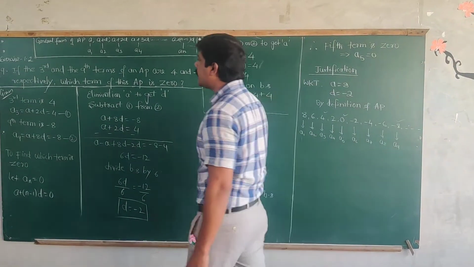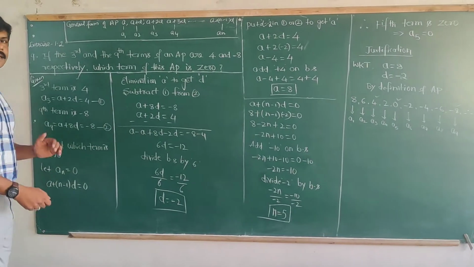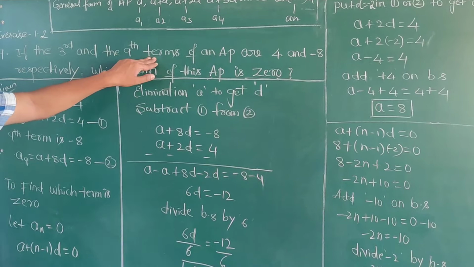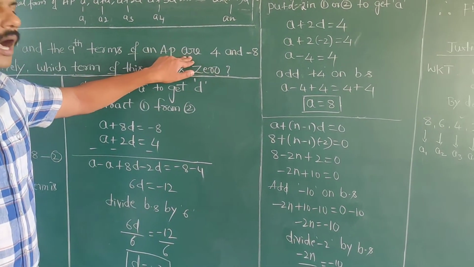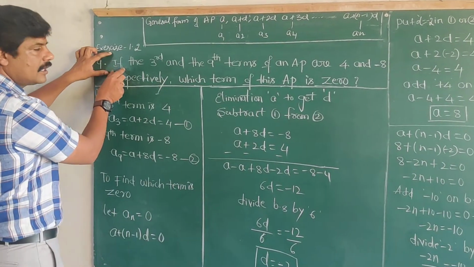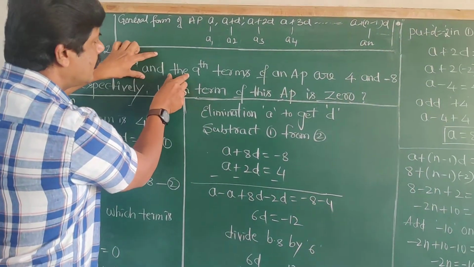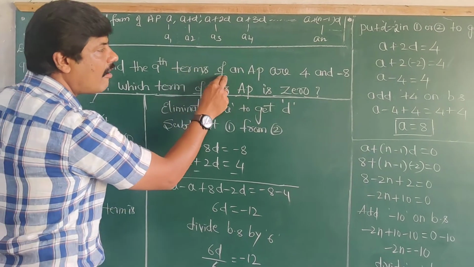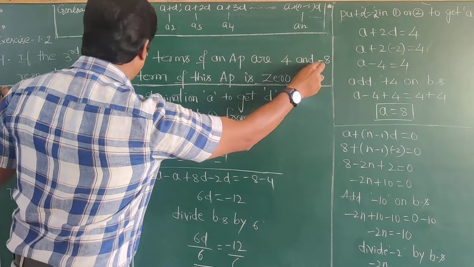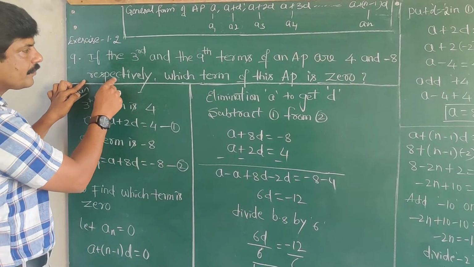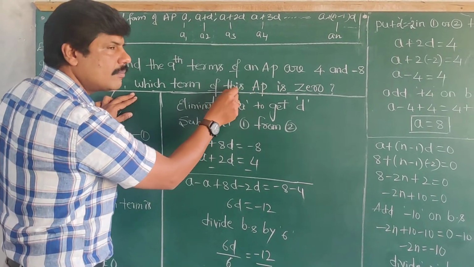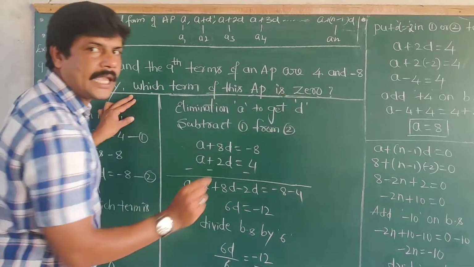Saying so, we will enter into the 9th problem of the AP, which says that if the third and the 9th terms of an AP are 4 and minus 8 respectively, which term of this AP is 0?